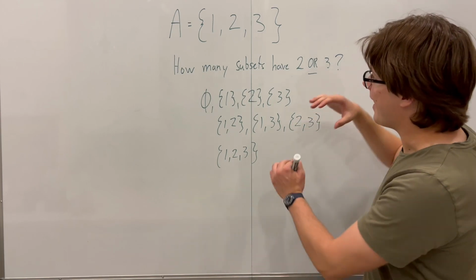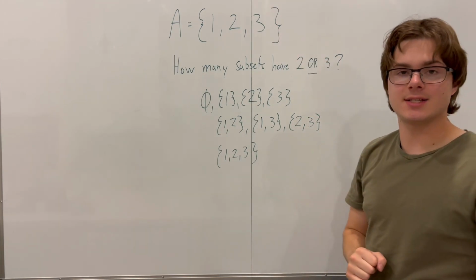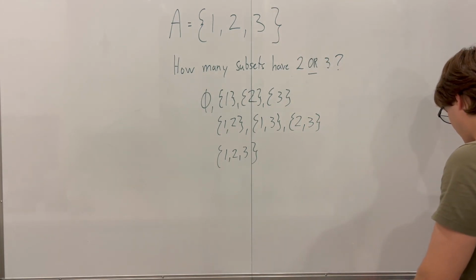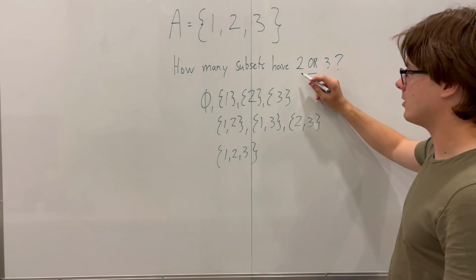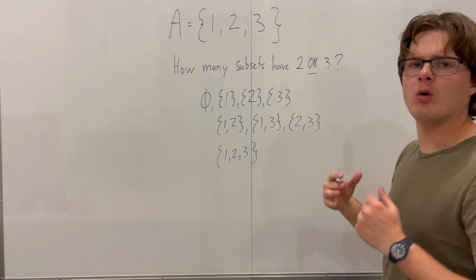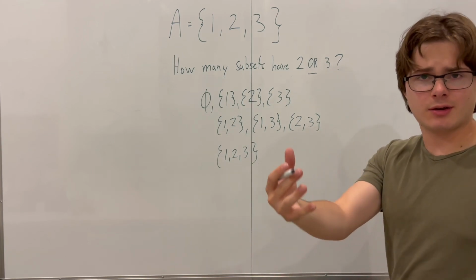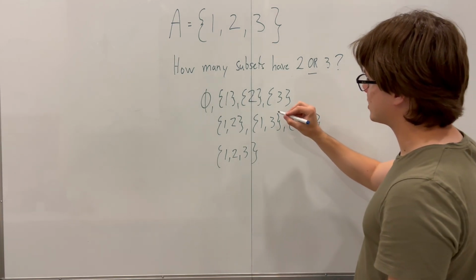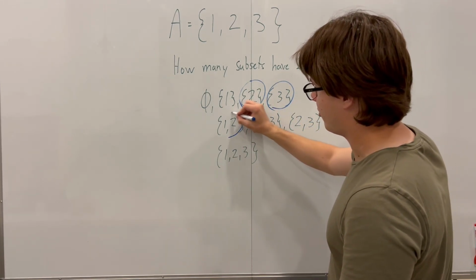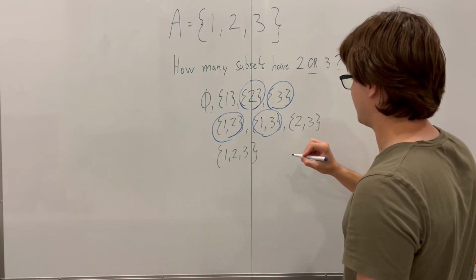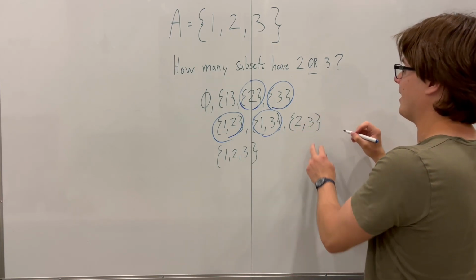So here we have every single subset of our set A. And what do we need to look at? Well, we need to look for every subset that has 2 or 3, or of course that would include 2 and 3. So we notice that this set has a 2, this set has a 3, this set has a 2, this set has a 3, this set has a 2 and a 3.